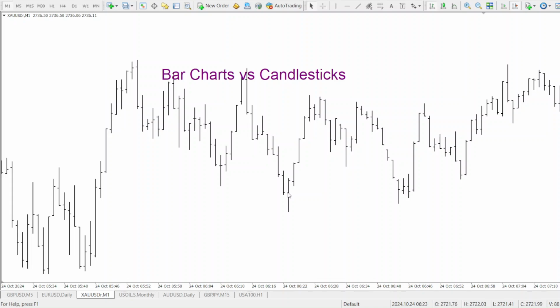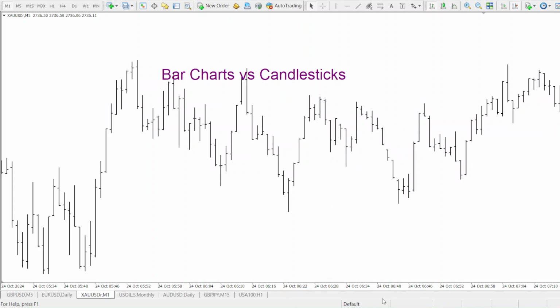You can see this line here representing both the open and the close, right? And then the uppermost part is the high, the lowest part is the low. So each bar displays the four key price points, which are the open, the high, the low, and the close. This minimalistic format allows you to see price ranges clearly.